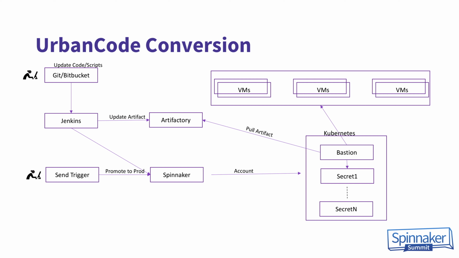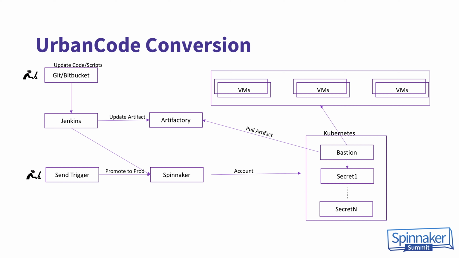Now, you have to make sure the user that's invoking the pipeline has access to those. So that is done by Spinnaker account permissions. Right? You can set the permissions up for the namespaces on which they are invoking, and you'd have those secrets that are set in that specific namespace.